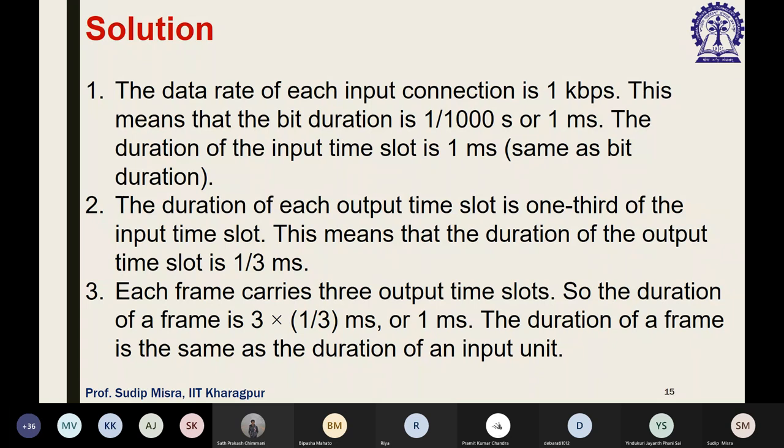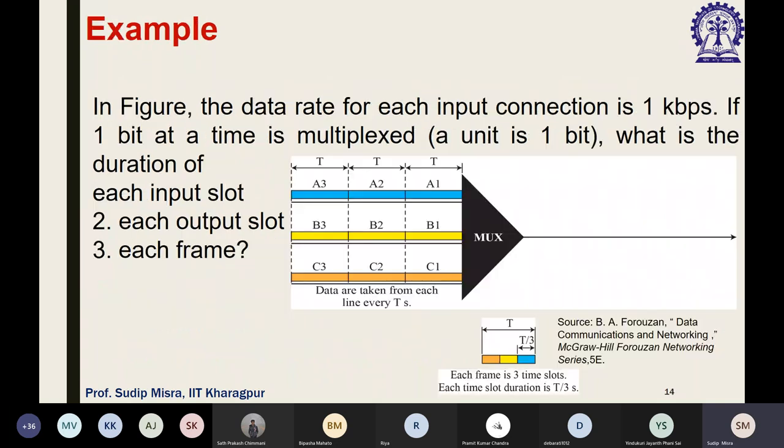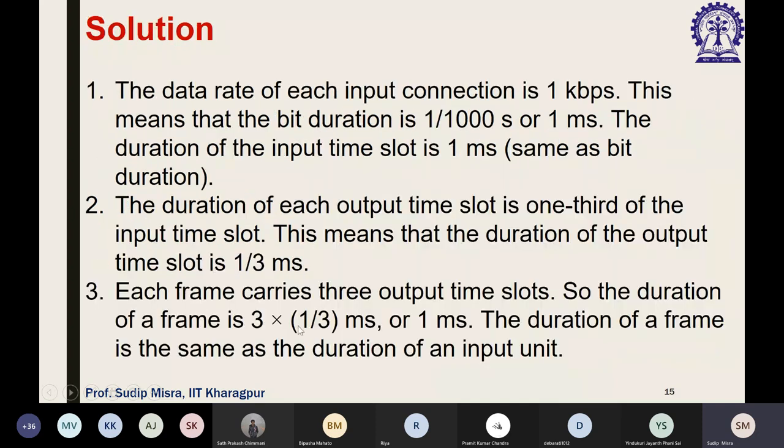Now you are putting them all in the form of frames. So what about the frame? It is going to be 1/3 plus 1/3 plus 1/3, that is, 1/3 into 3, which is 1 millisecond again. So the duration of the frame is the same as the duration of the input unit.